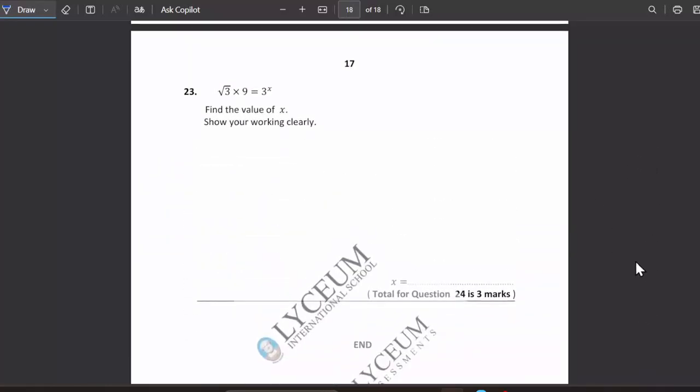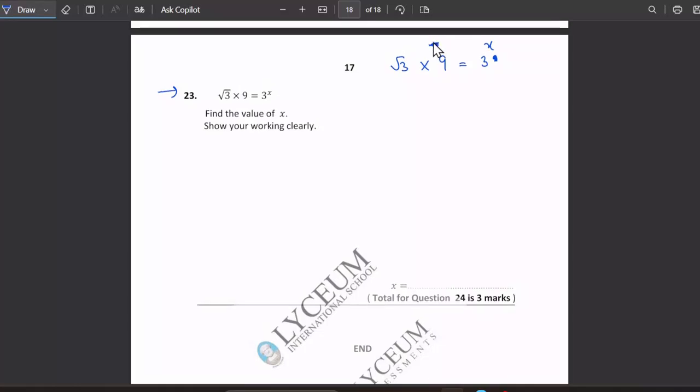Okay. In the 23rd one, we are given this question. You can see all the things can be written as powers of 3. Okay. So we can write root 3 as 3 to the power half, 9 as 3 to the power 2, and 3 to the x is here.